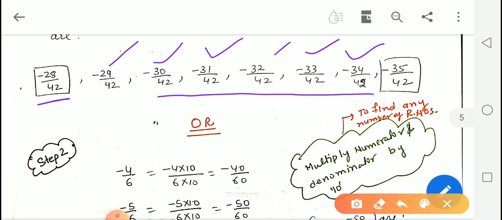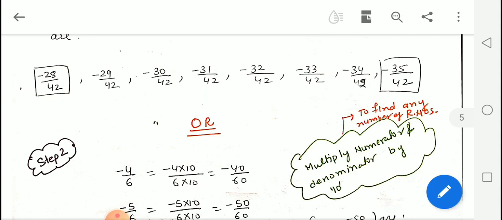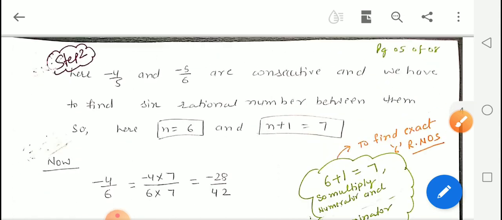If we don't want to do it in this n plus 1 method, then the second method I have told you: we will multiply numerator and denominator by 10 so that we can get another equivalent rational number. Step 1 we will do the same.